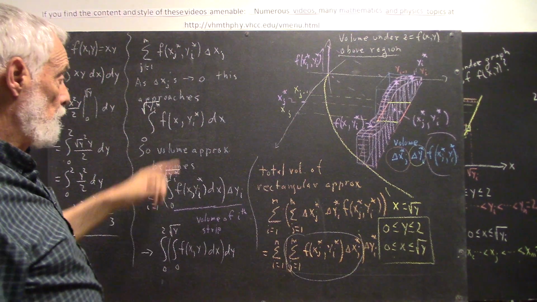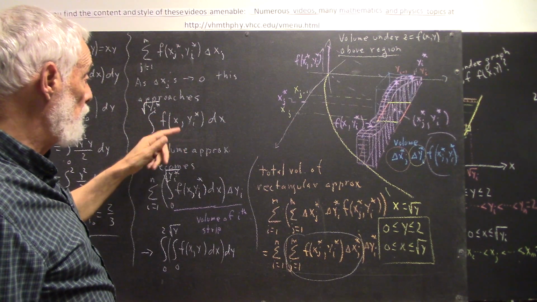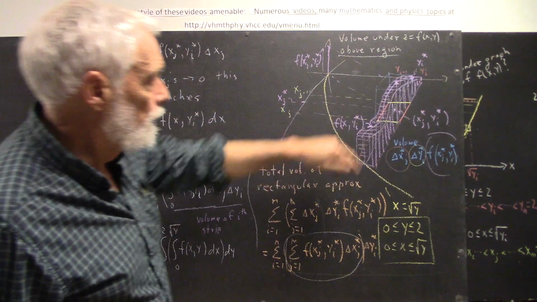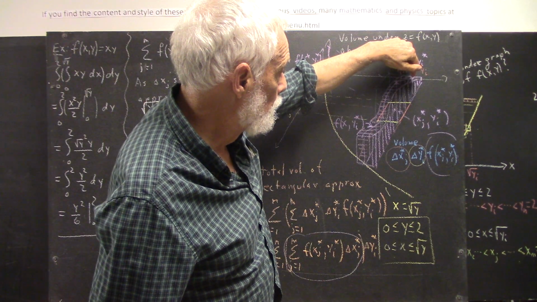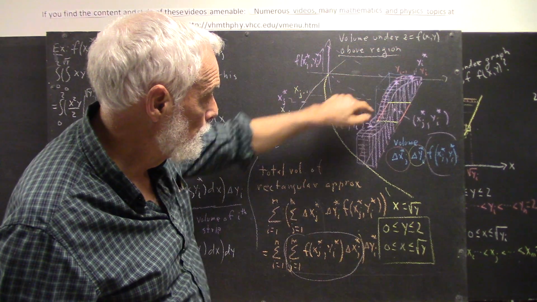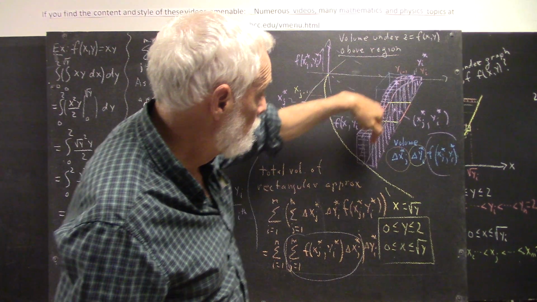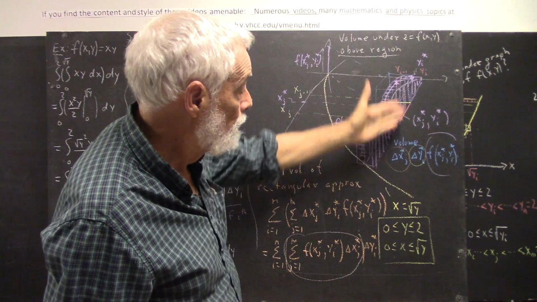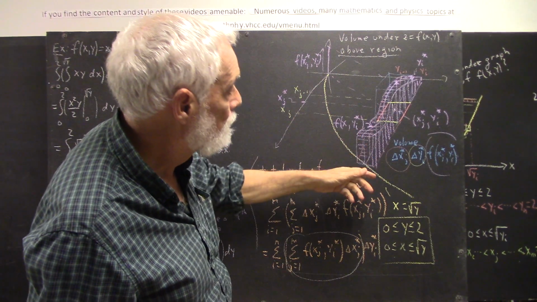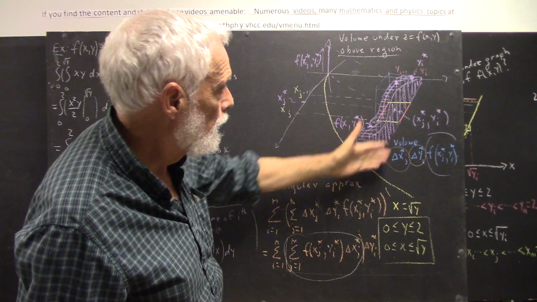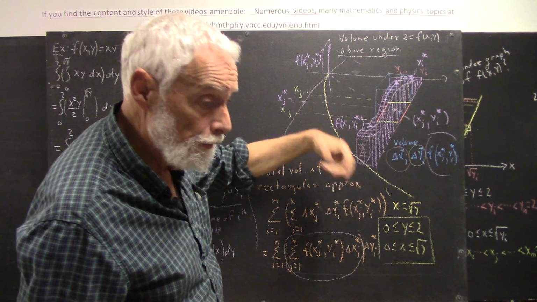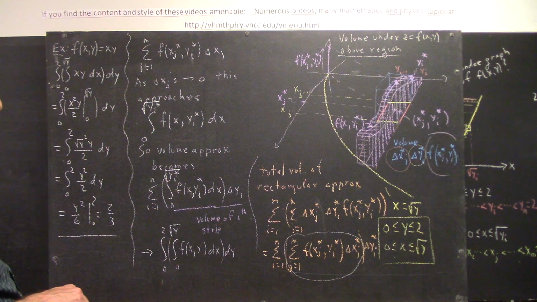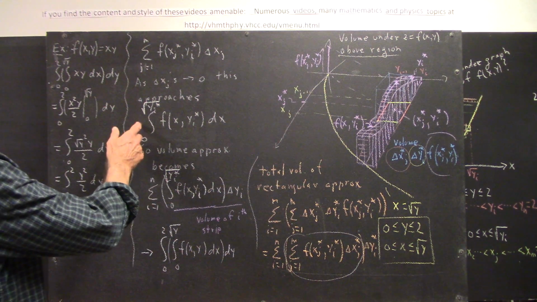Okay, we're not interested in what happened to the delta y sub i, but what we have when we integrate this function is the area of the curve that we got, between 0 and the square root of y sub i star. If we multiply that area by the width, then we're multiplying the area of this face by the width, and that's going to give us the volume.